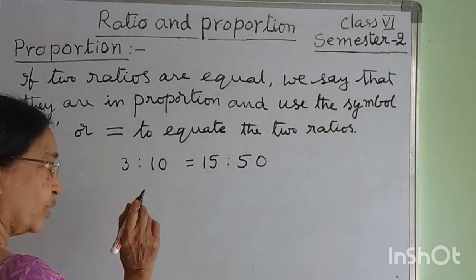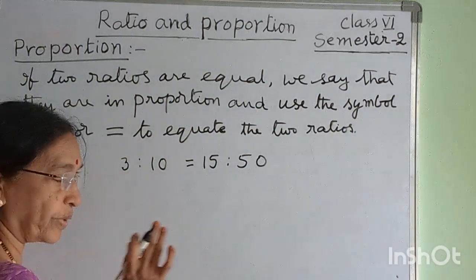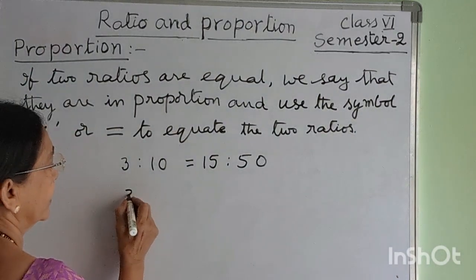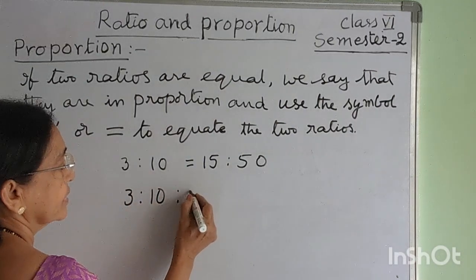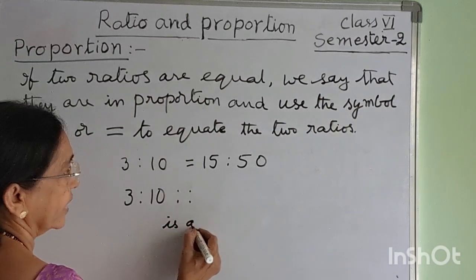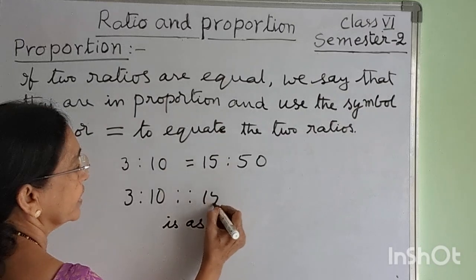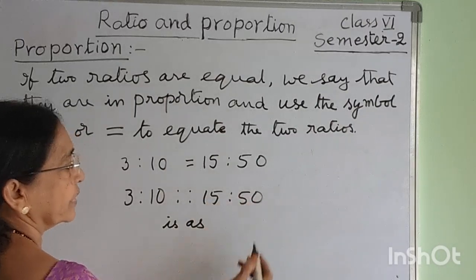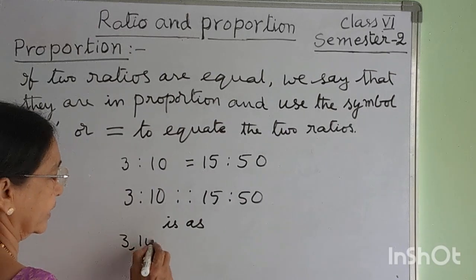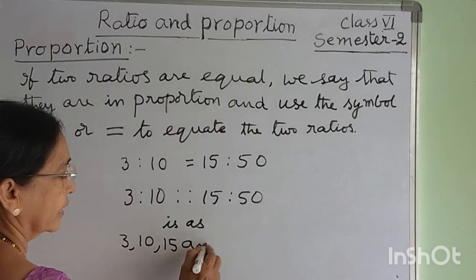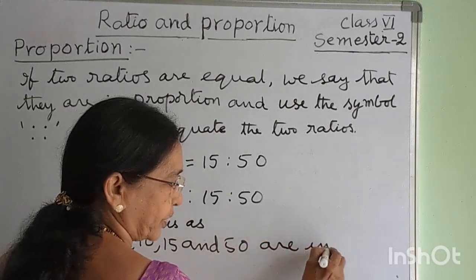So we say that 3, 10, 15 and 50 are in proportion, or we can write it as 3:10 is as 15:50. And we will say that 3, 10, 15 and 50 are in proportion.